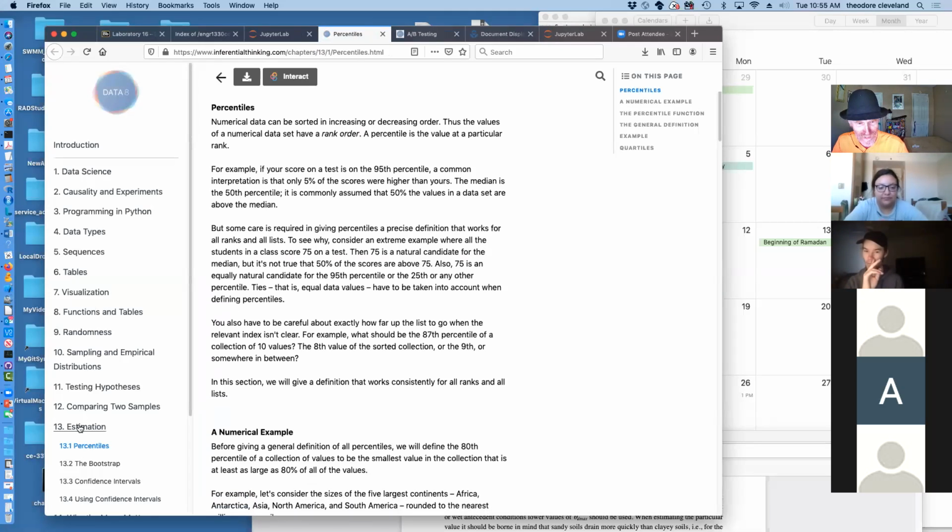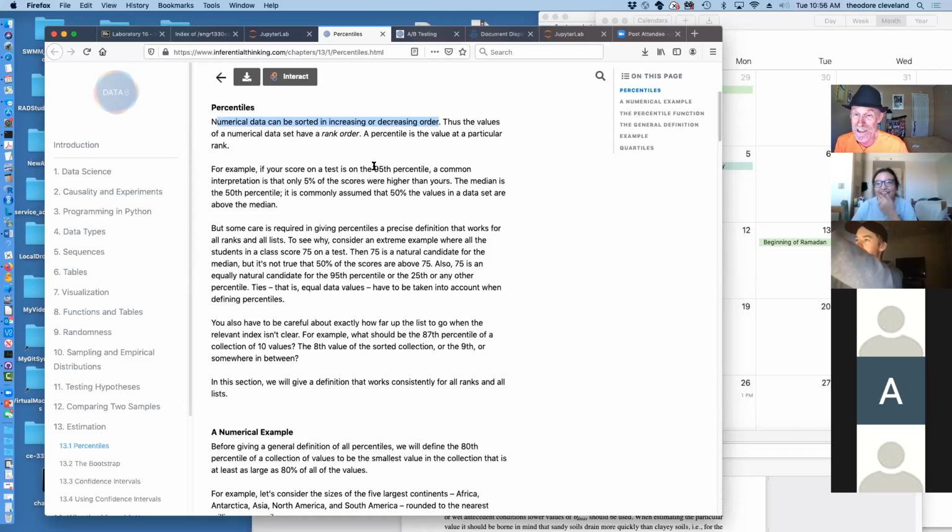So I'm taking from the chapter on estimation the idea of percentiles. We've talked about this. In fact, Wiley opened the class with a question on Weibull plotting position, which is a formula that gives us a way to empirically estimate percentiles. So if we sort data in increasing or decreasing order, then that sorted data has what's called a rank order, not odor, rank order.